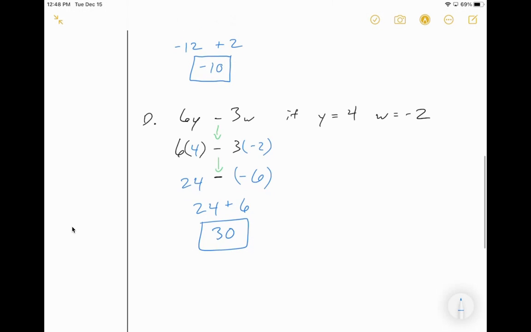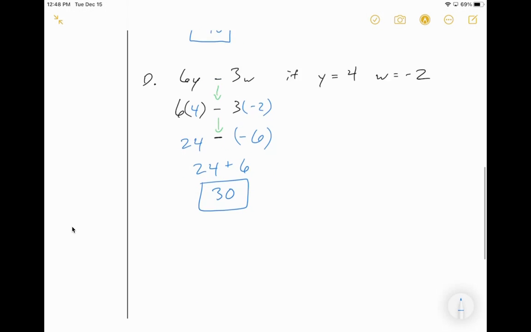So let's do just one more just to make sure that we've got it, and then I'll send you on your way. Okay, go ahead and do this one.